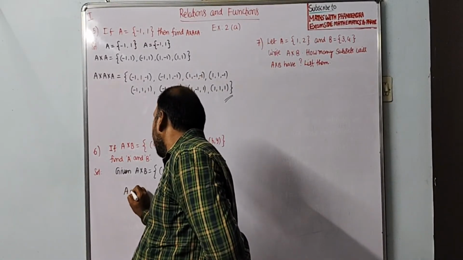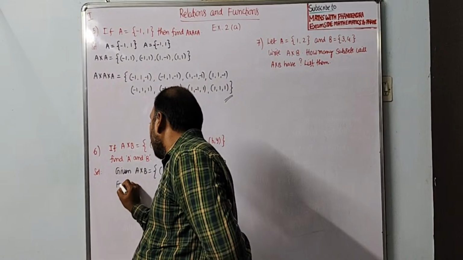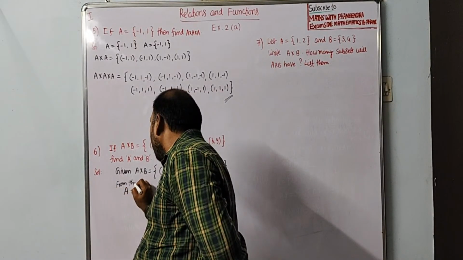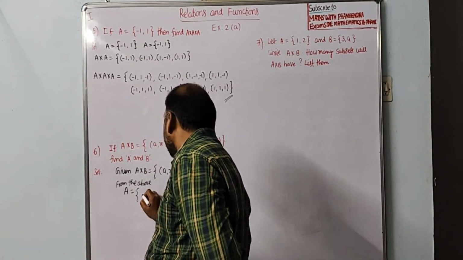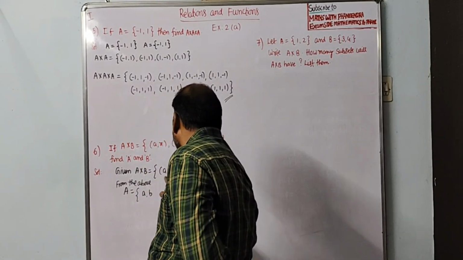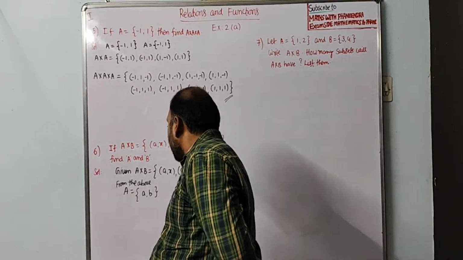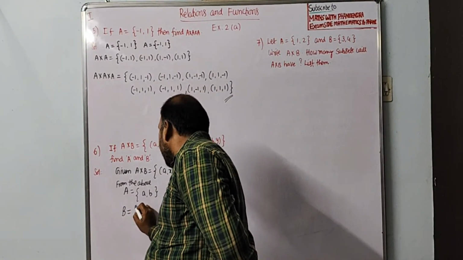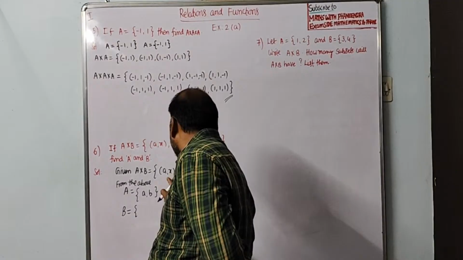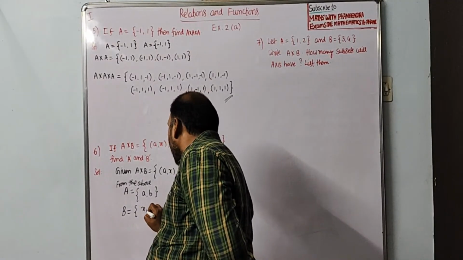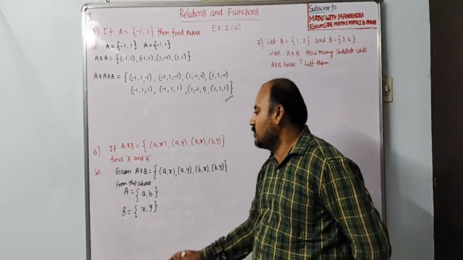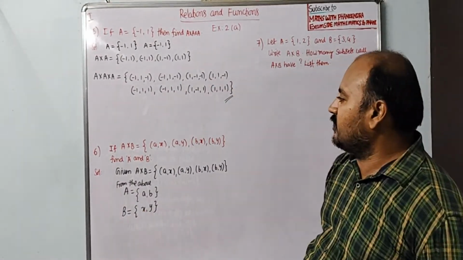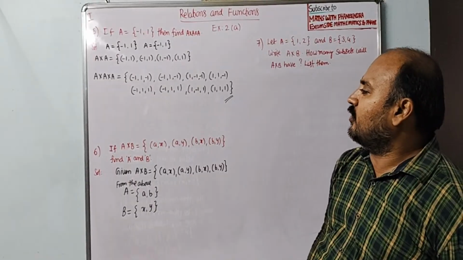So from the above, A equal to {a, b}. The first elements we write as A. Second, B equal to {x, y}. Repetition is not allowed. So {x, y}. This is what we get from A cross B.